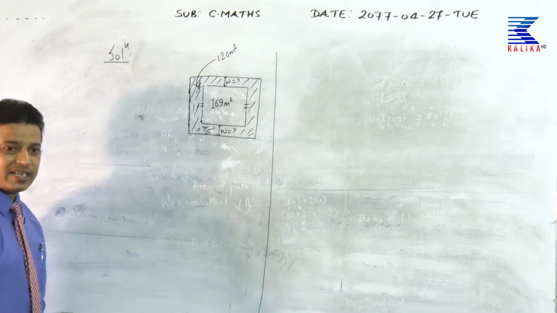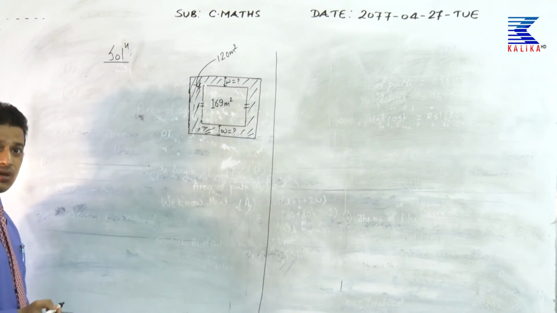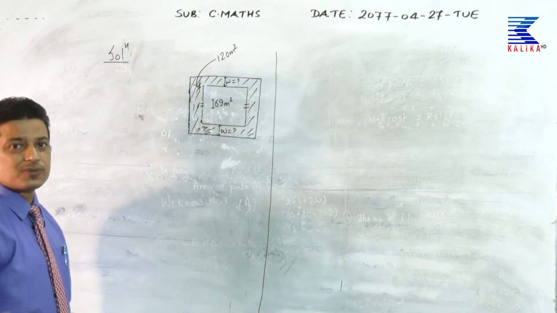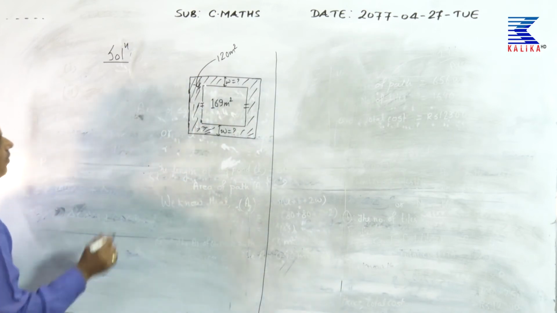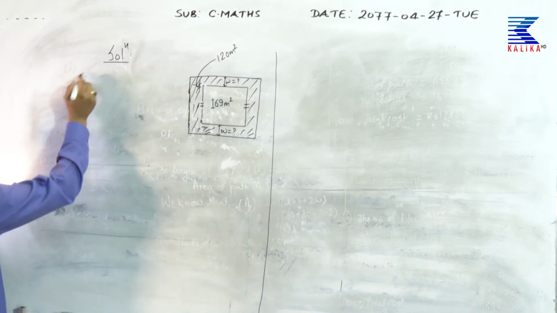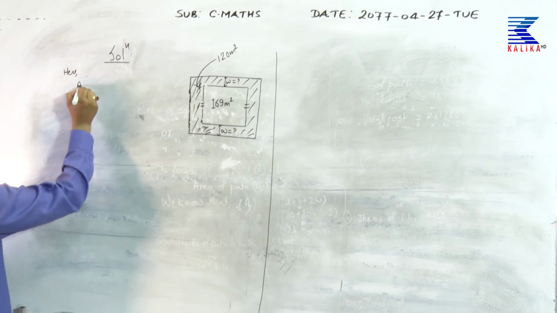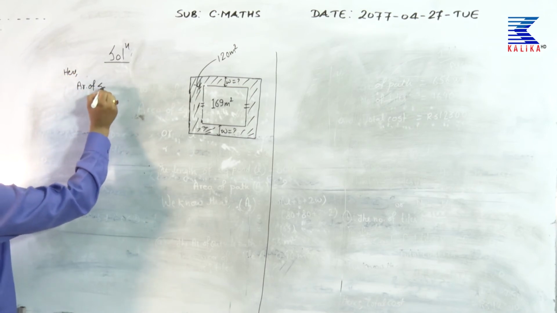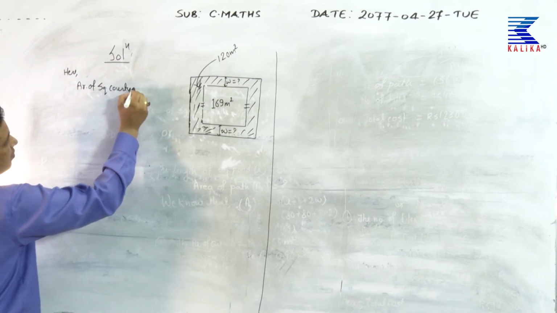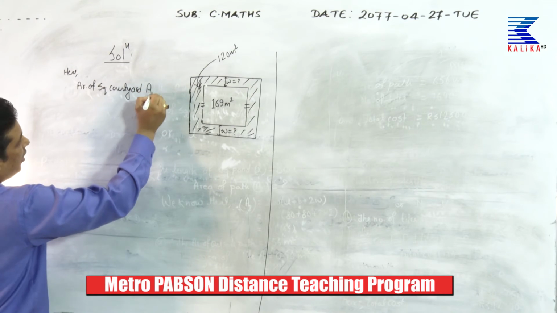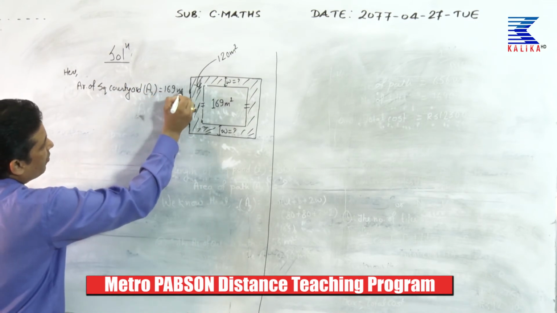So, as I said before, the theme is mensuration: what is given, use its formula. As here 169 square meter is given, let us use it at first. Solution, write the information here. Area of the square courtyard A1 is equal to 169 square meter.